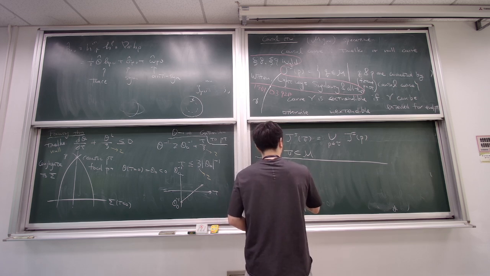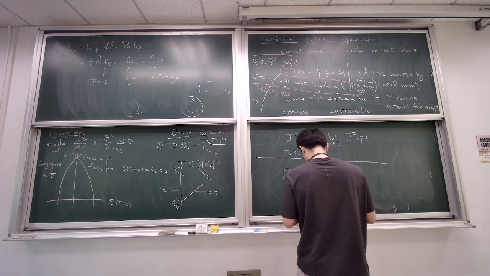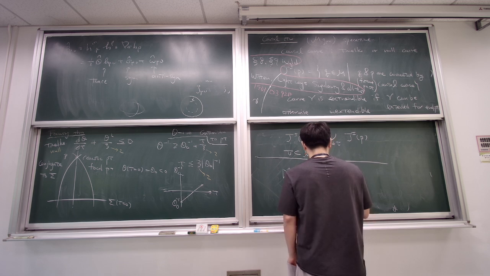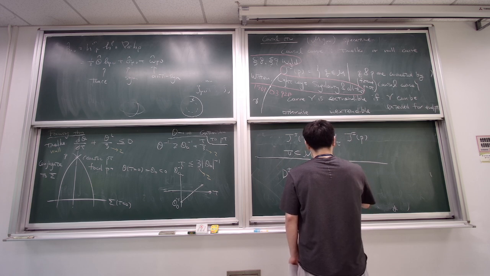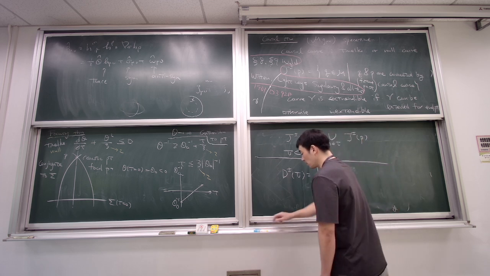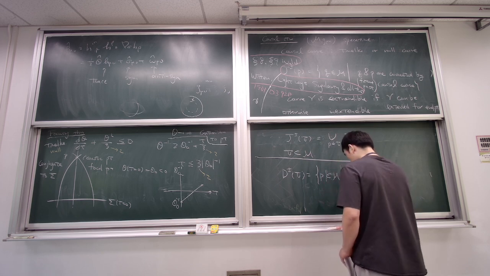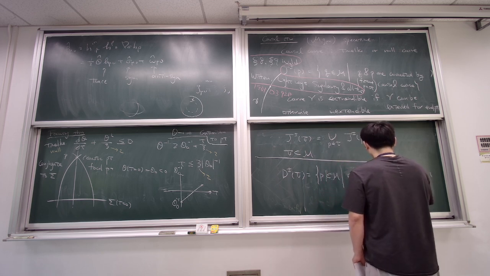D plus/minus of U is the set of points P in M such that every inextendable causal curve through P intersects U. So the important part is "every."